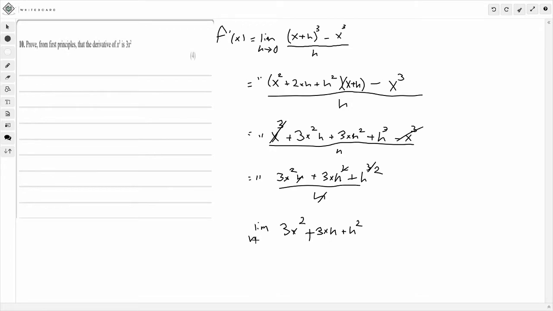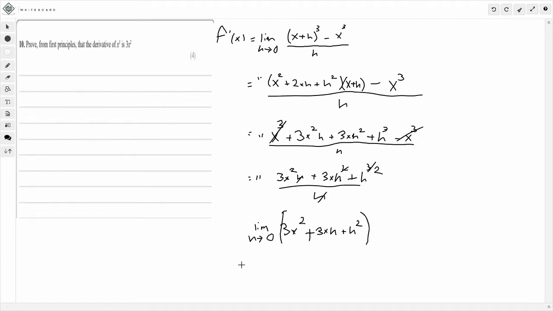This is what we're actually taking the limit of now, of this full expression here. We're taking the full limit here, where h tends to 0. Well, if h tends to 0, this term is going to disappear, and this term is also going to disappear. And if you see, this is what we were looking for. We wanted 3x squared, and that's what we needed at the end.